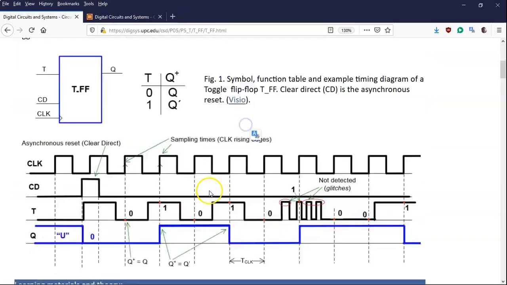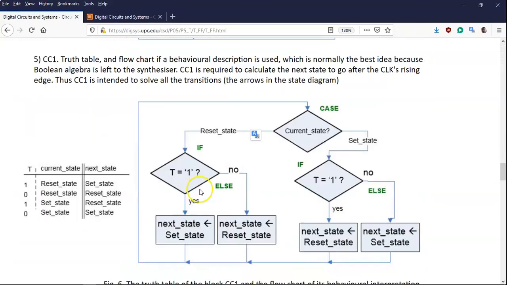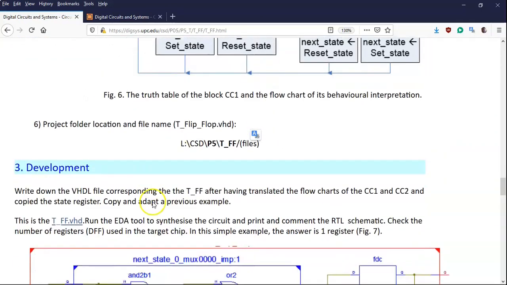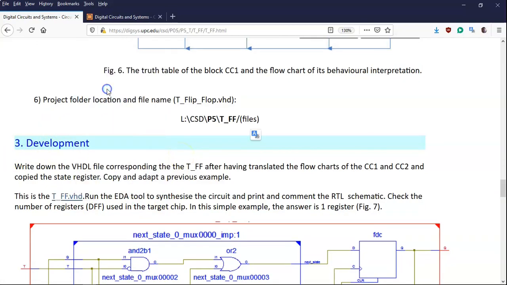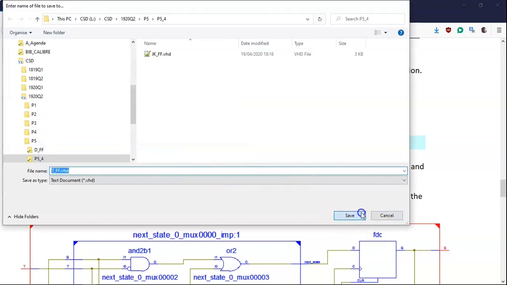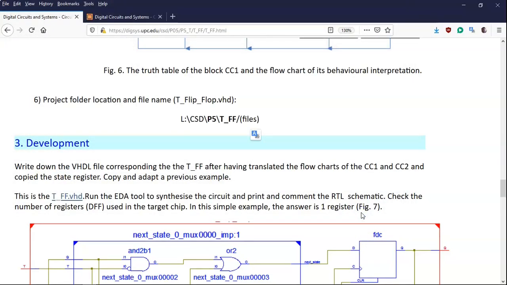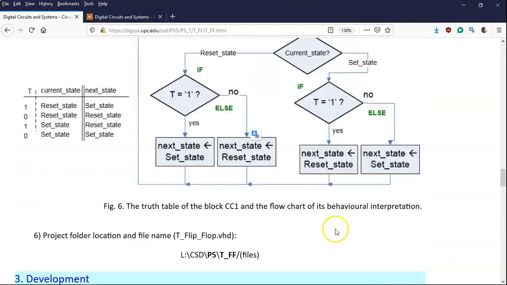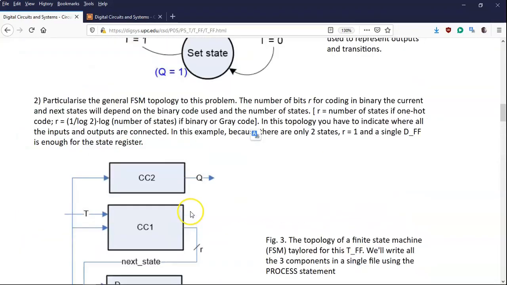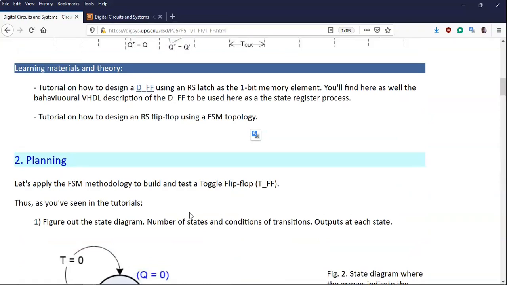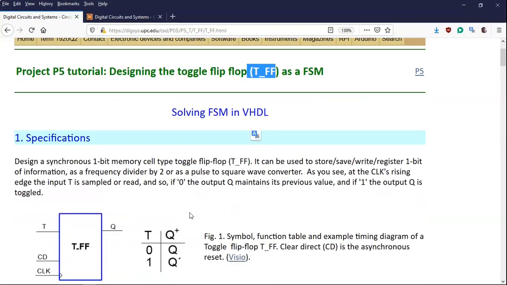So go down to the development section of this tutorial and save this T flip-flop VHD, save the link as in the same place, so you've got them both, and now the only thing that you need is to copy from somewhere else a top example that you can modify conveniently to become this one.